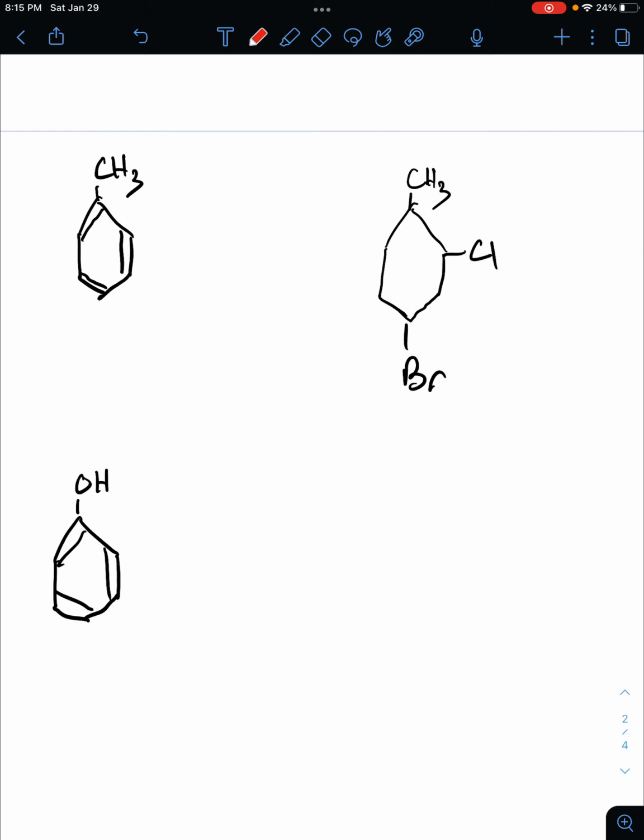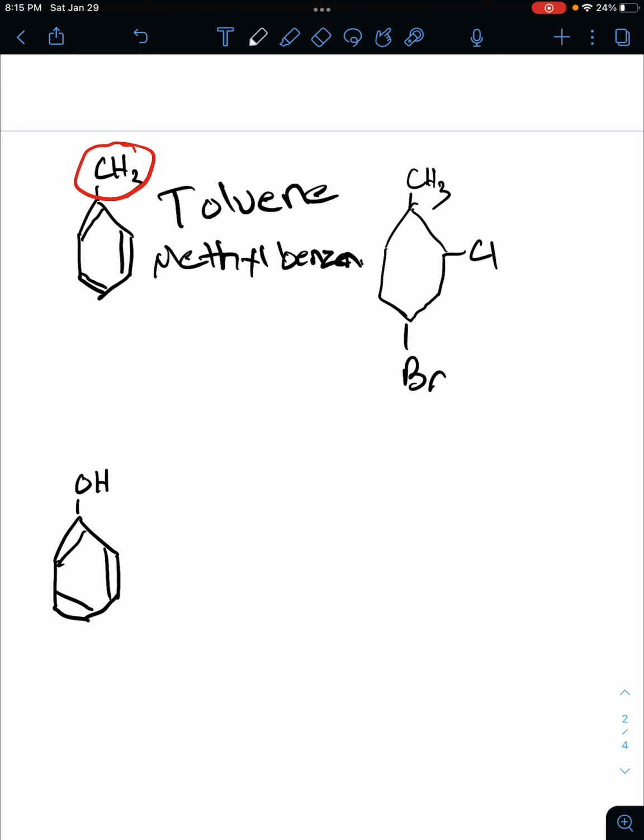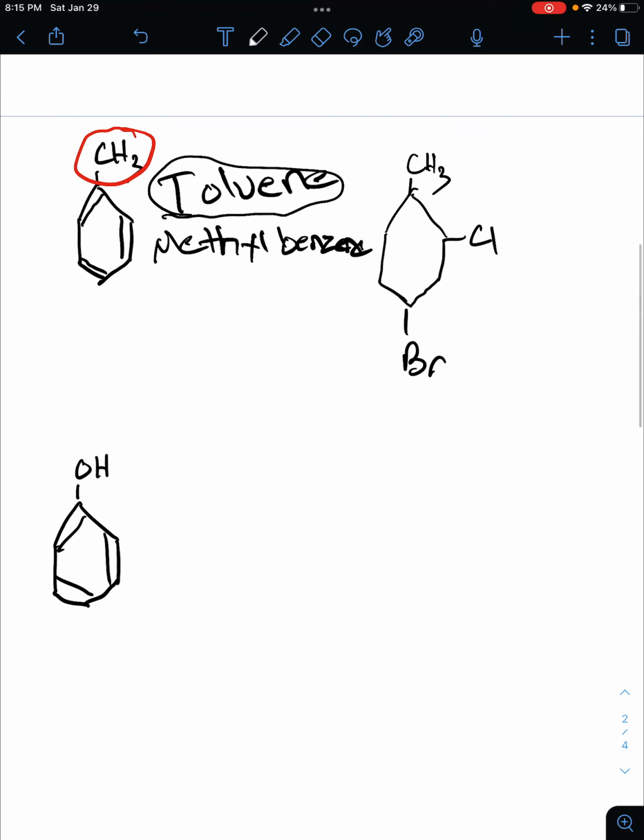For example, if you add a methyl group onto a benzene, this will be called toluene. You can call it methylbenzene, but toluene is the common name, and you're most likely going to hear this called toluene instead of methylbenzene.